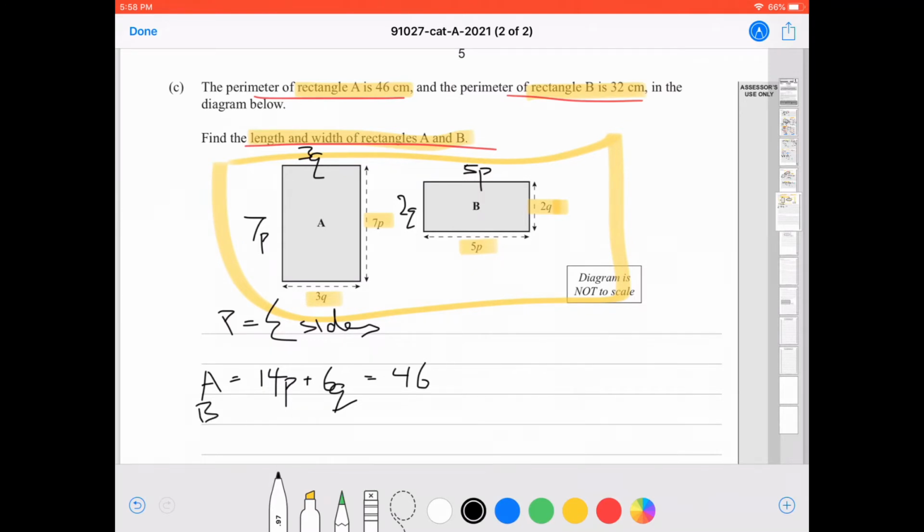Okay, rectangle B, you've got 10p plus 4q, and its perimeter is 32.